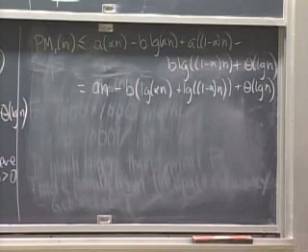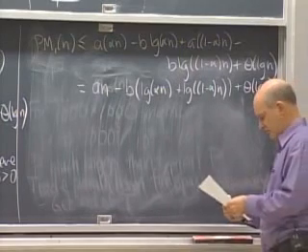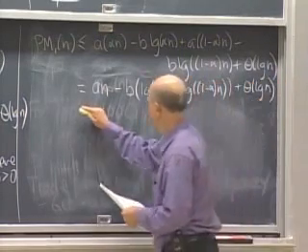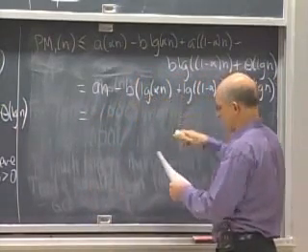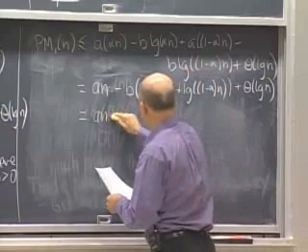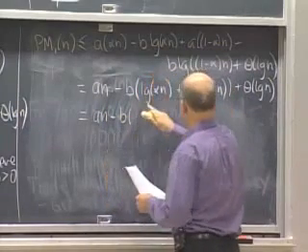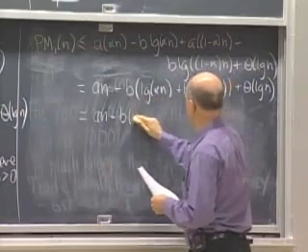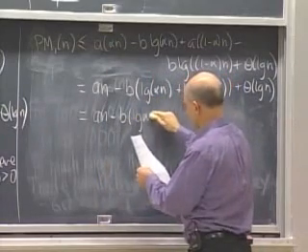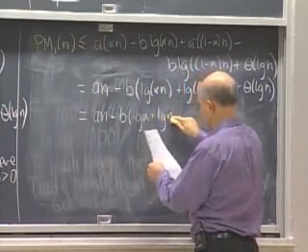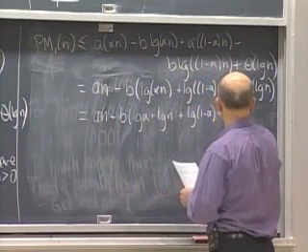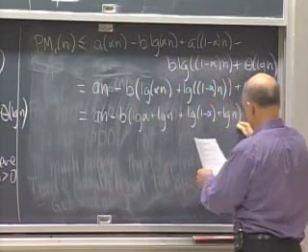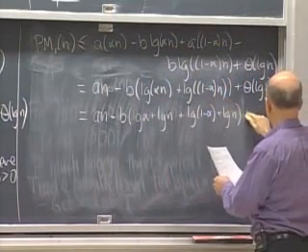Did I do that right? Does that look okay? Okay. So, look at that. Okay. So now, let's just multiply some of this stuff out. So I have an minus b times, well, log of alpha n is just log alpha plus log n. And then I have plus log of 1 minus alpha plus log n.